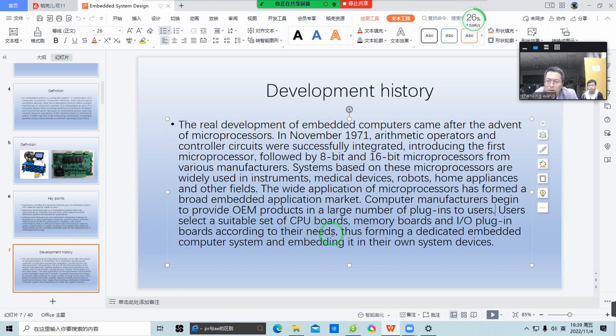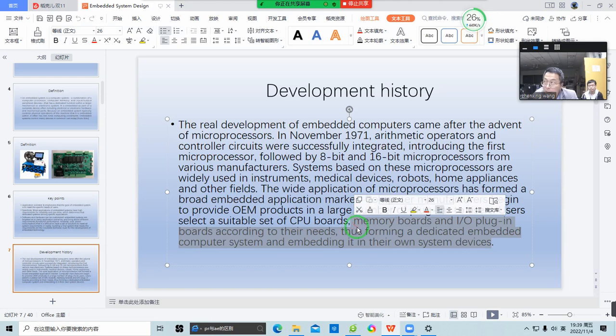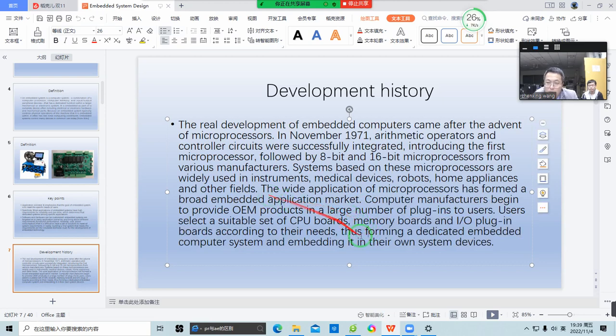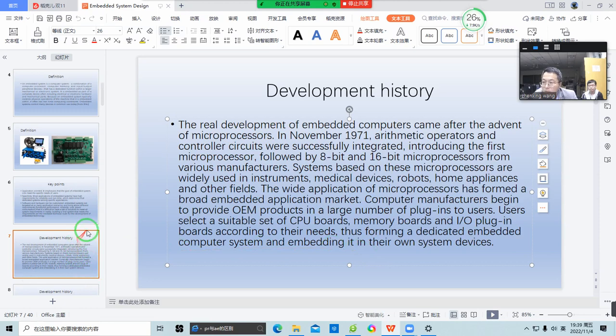This kind of arrangement is out of date. They were forming a dedicated embedded computer system and embedding it in their own system. Nowadays, no one likes this kind of device. As I know, before the 1990s, manufacturers used this kind of solution, but later it was abandoned.